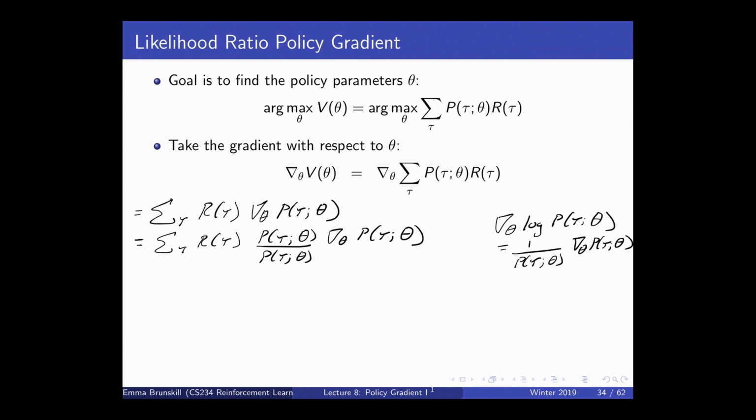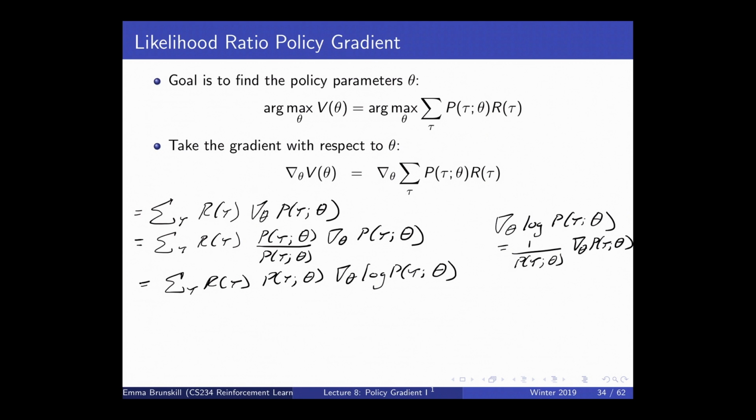So we can re-express this as follows: sum over tau of R of tau, p of tau given theta, times the derivative with respect to theta of log p of tau given theta. So far, that doesn't necessarily seem very useful, but it's a reasonable transformation, and we'll see shortly why it's helpful.